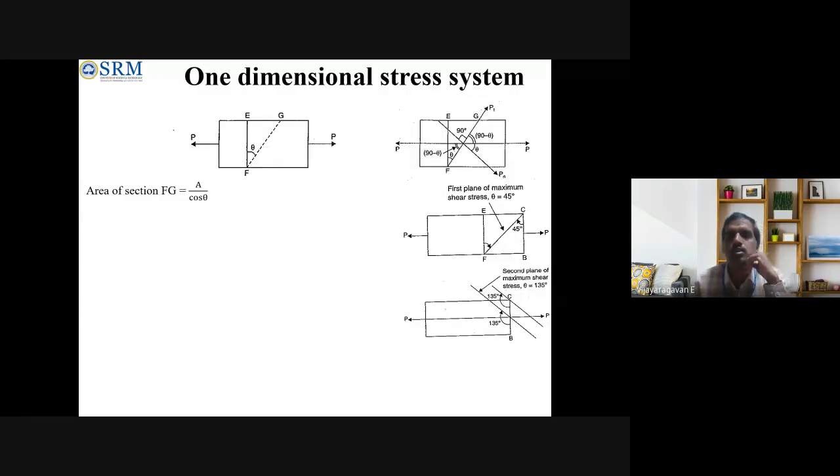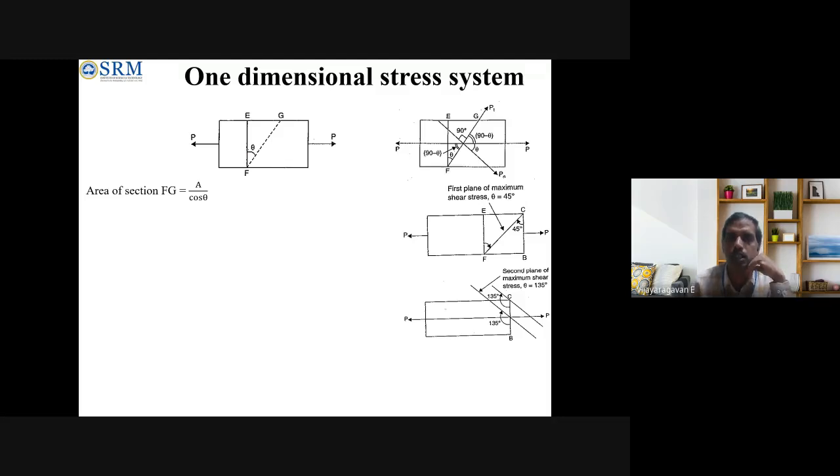Consider a one-dimensional stress system. Assume that a tensile load is acting like this, and EF is a vertical cross section. We consider another plane, FG, which is at an angle of theta with the vertical plane.